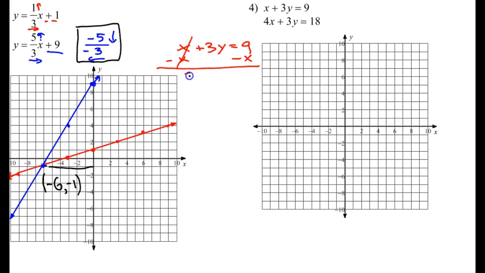So we can do 3y equals -x plus 9. Make sure you always put that -x right after the equals. Divide both sides by 3.